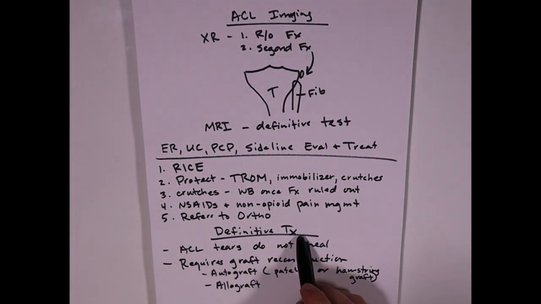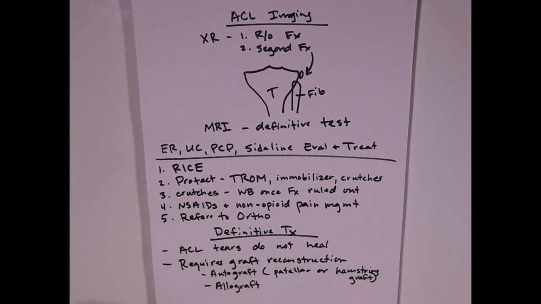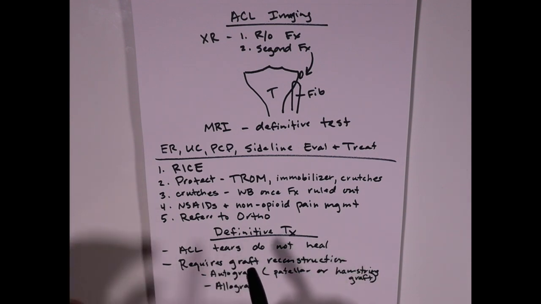So definitive management for ACL tears, I'm not going to delve too much into that because that can be multiple talks in itself. But the things that I want you to know as far as the basics go is, number one, ACL tears do not heal. Secondly, definitive treatment, you have conservative and surgical options, and for most people, the surgical option is going to be best, especially if they're younger and active.